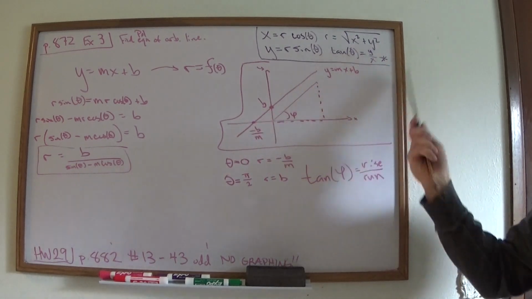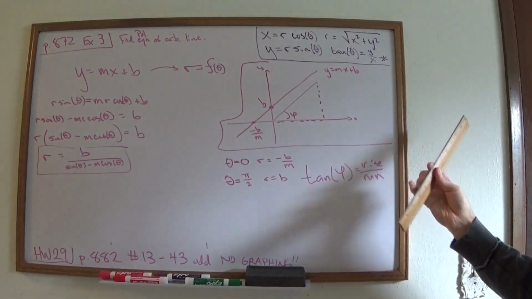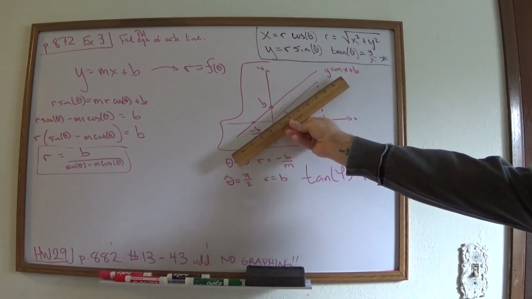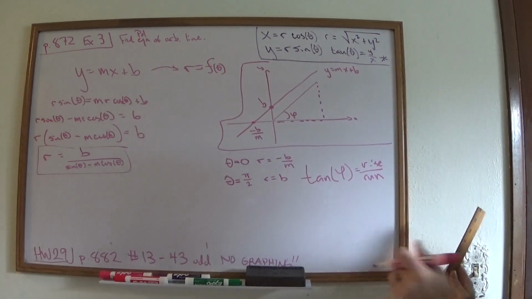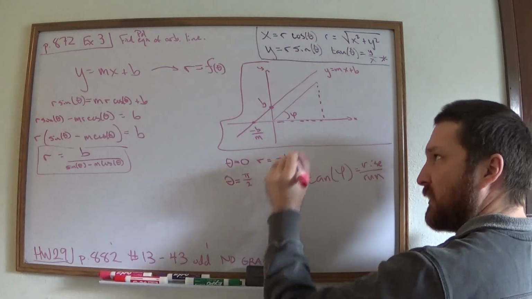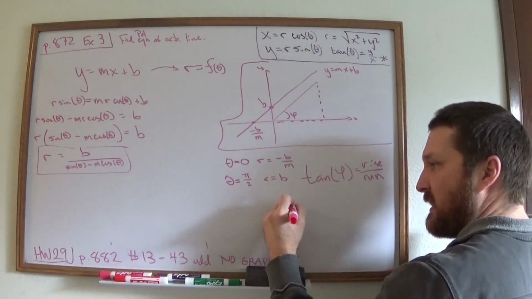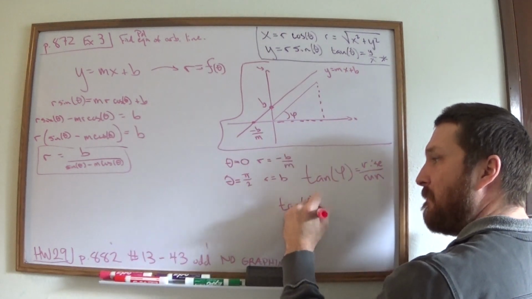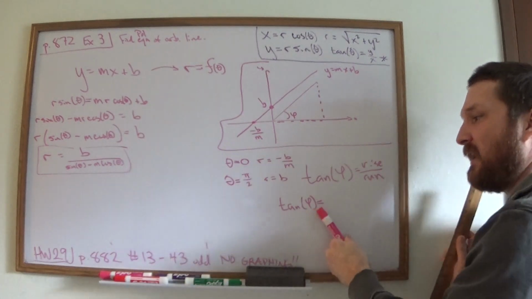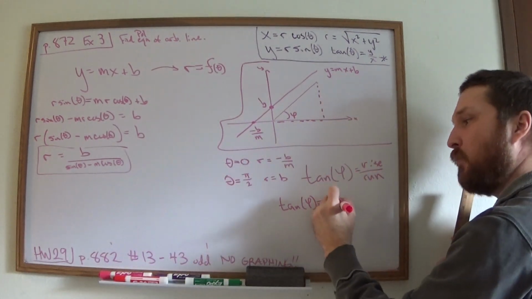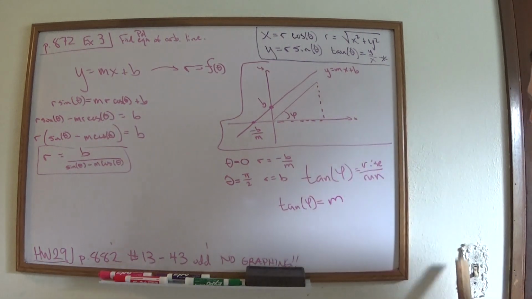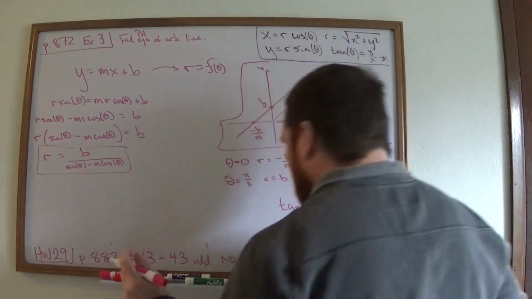That's what rise over run means. It means that that's the same angle right there. So when they're the same angle, we're saying that that's at phi. So when you plug in the angle that makes them parallel, then tan phi is equal to m, which is the rise over the run. Everybody buy that?